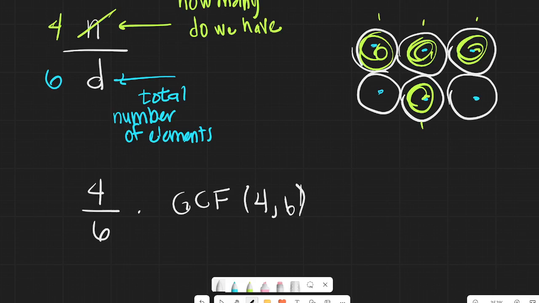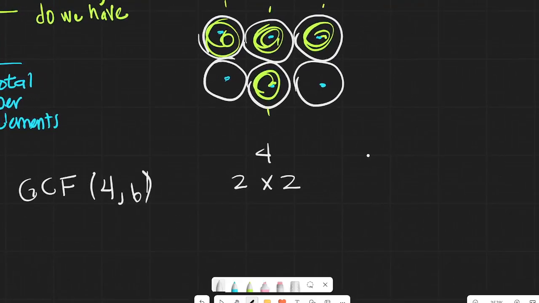And that's how we write it: greatest common factor, open parentheses, 4, 6, close parentheses. Normally, we could just do a tree where we write out the factor tree, and I'll just do that right now. This is called prime factorization.